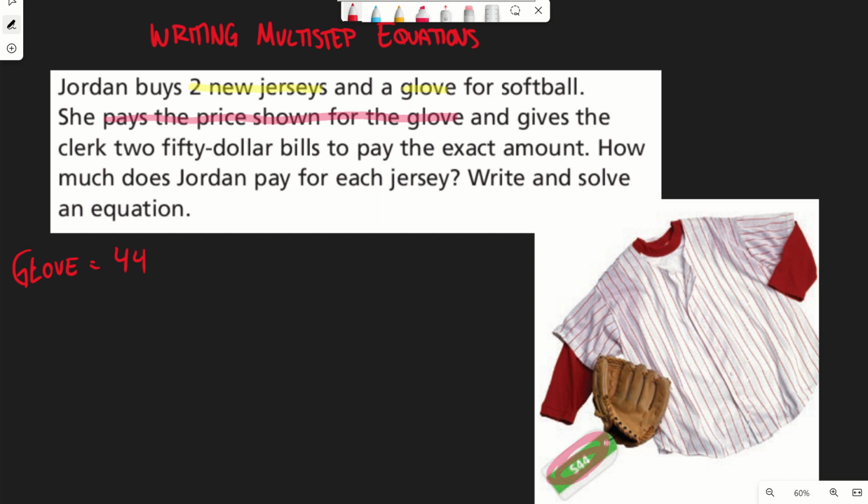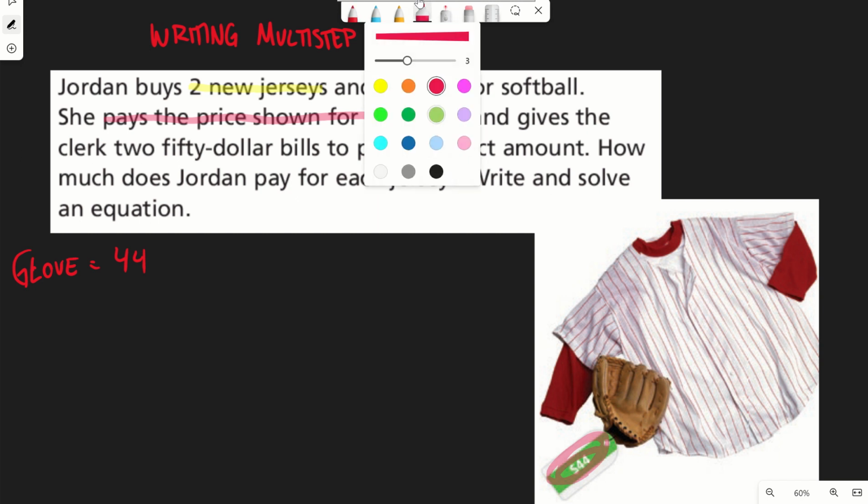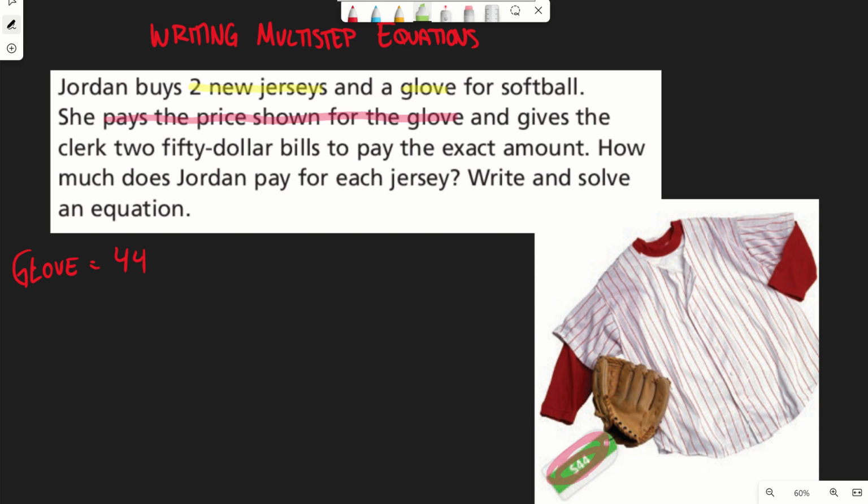Okay, that's one thing we know. She gives the clerk 2 $50 bills. So she pays 50 plus 50. And that is the exact amount. There's no change going to be given. Her payment equaled exactly 2 $50 bills.